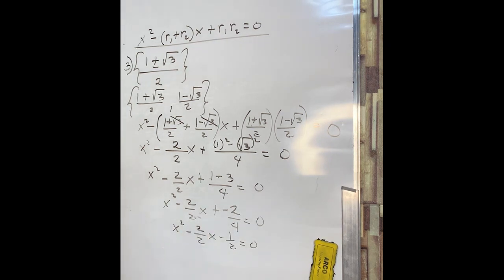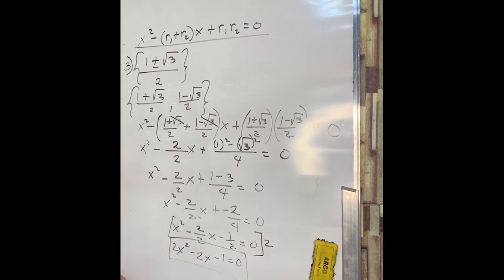The reason why I did not simplify 2 over 2 as 1 is because we need to multiply all the terms by 2, to eliminate the denominator, which is 2. So multiply all the terms by 2, you will get 2x squared minus 2x minus 1 is equal to 0.